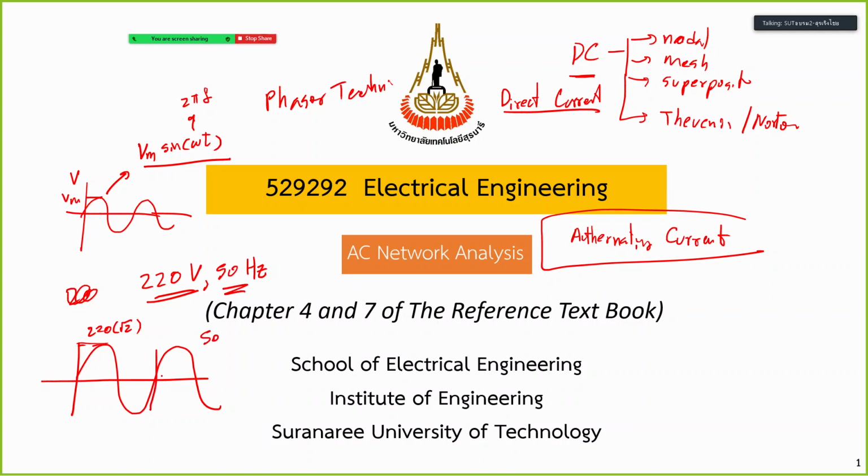This is one cycle, right? 50 cycles per 1 second, so it's changing very fast. 50 hertz. So this is what we call the AC system.